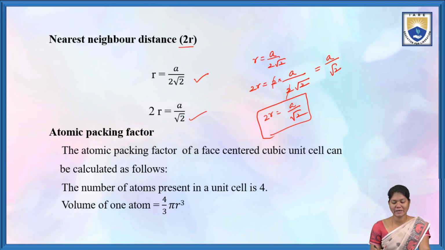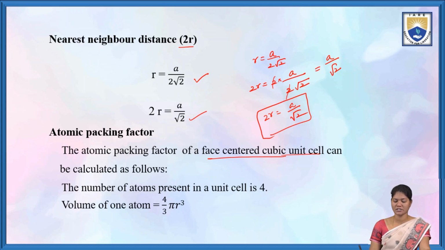The atomic packing factor of a face-centered cubic unit cell can be calculated by taking the number of atoms occupied in the unit cell and the volume, how much it is occupied, and the remaining space. That is the atomic packing factor. We know the formula: number of atoms into volume of the atom divided by volume of the unit cell.